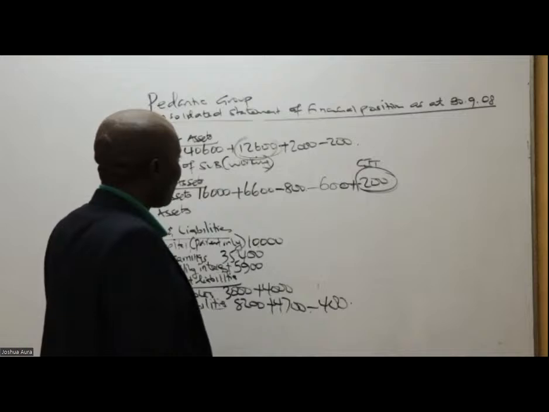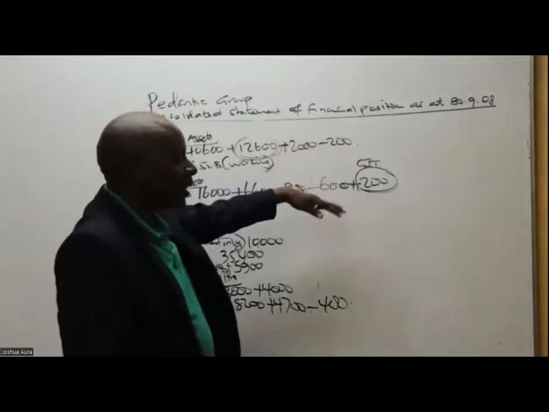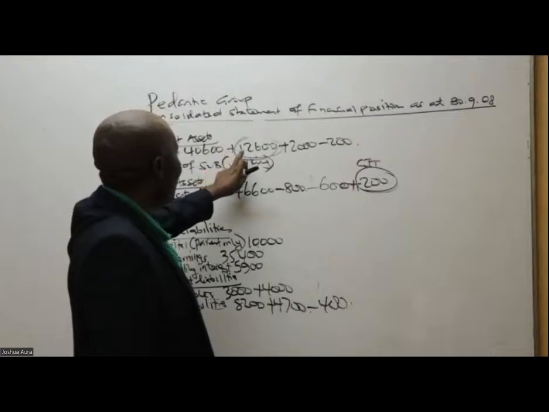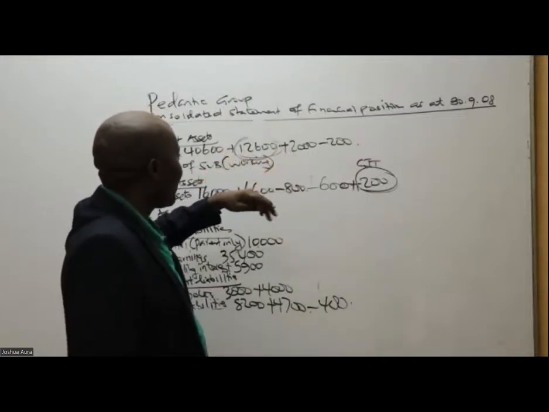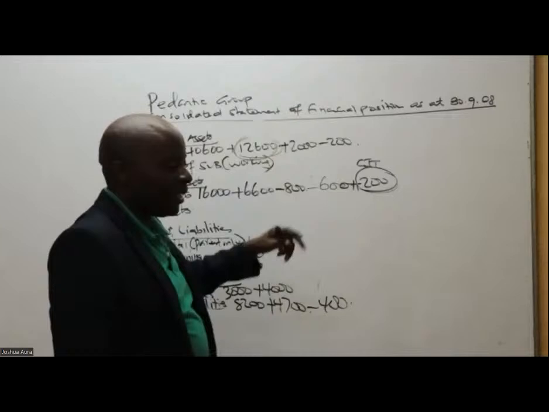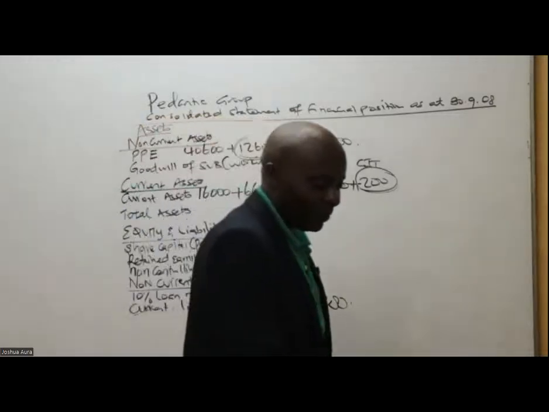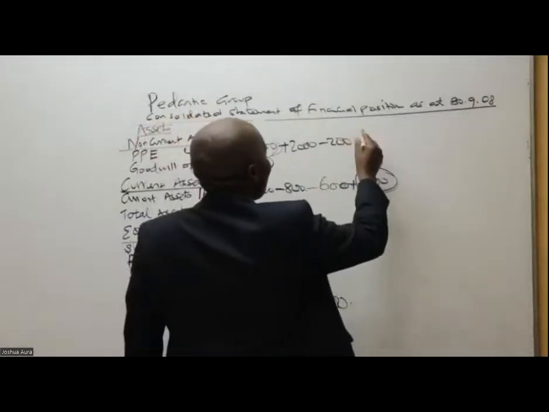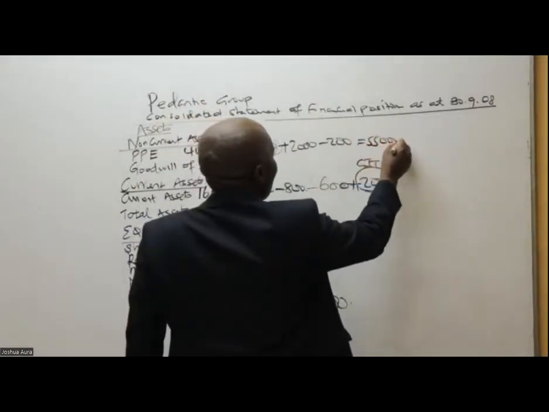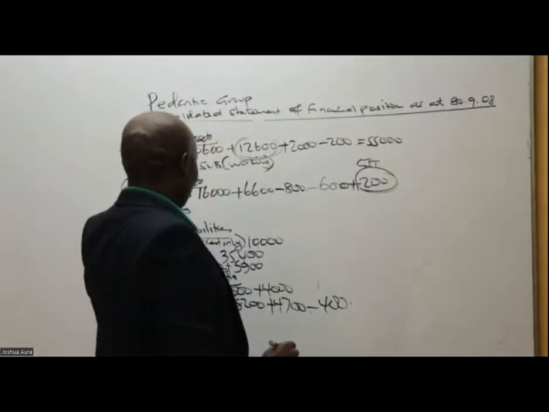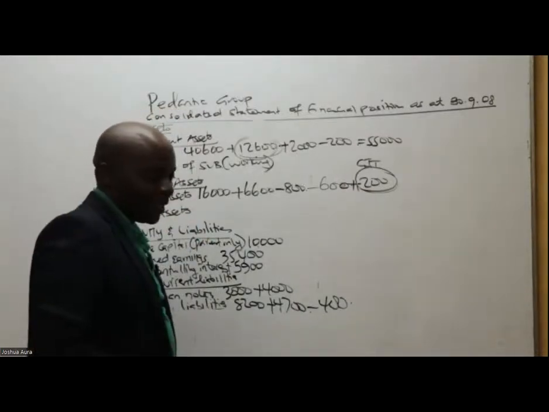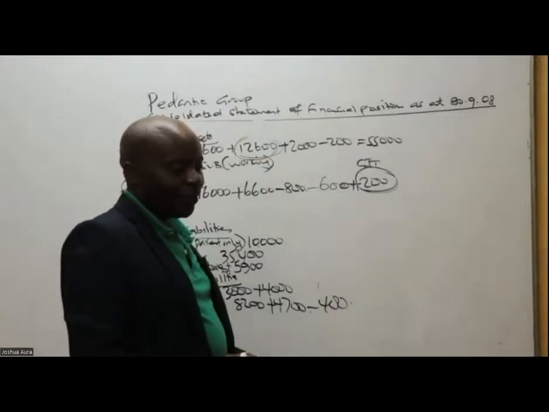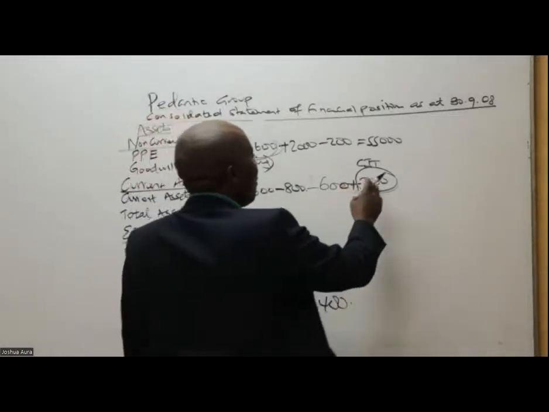Before the working, because I would want to create some space, let me get these answers. So what is PPE? Jackie says it is 55,000. Okay. Current assets, who has the figure for current assets? Current assets 21,200.